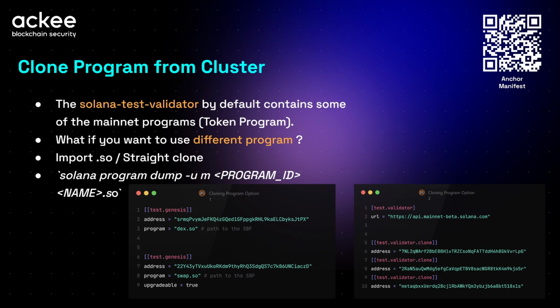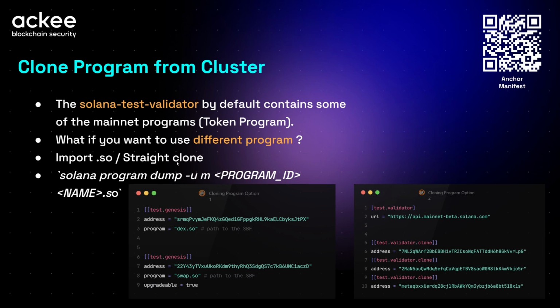In this case, for the Anchor manifest, you can see in the picture that you have the test Genesis, you have the address, and you can specify the name of the program, which is basically the binary file. Optionally, you can specify the program as upgradable, so you can also test this logic, but by default it is marked as not upgradable.